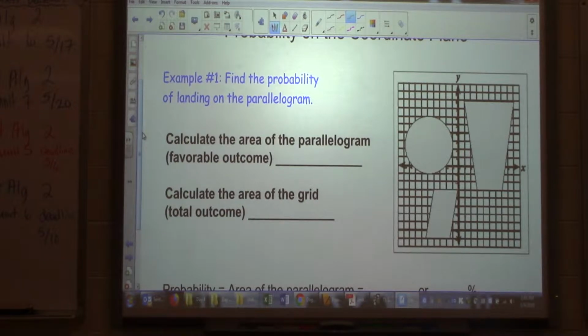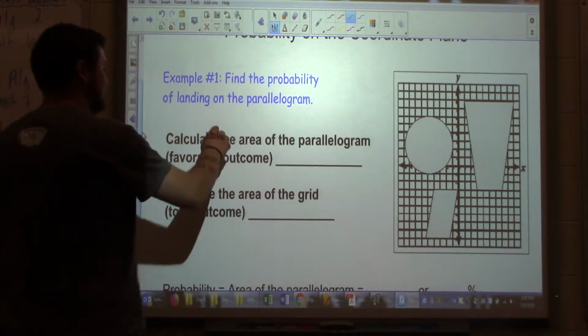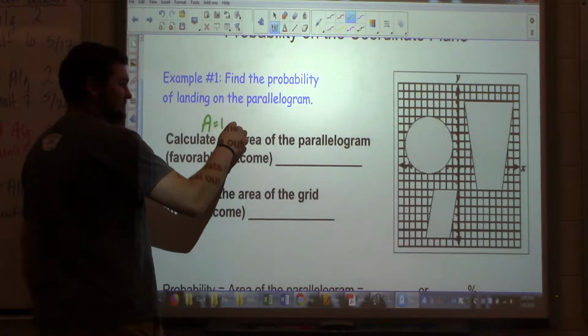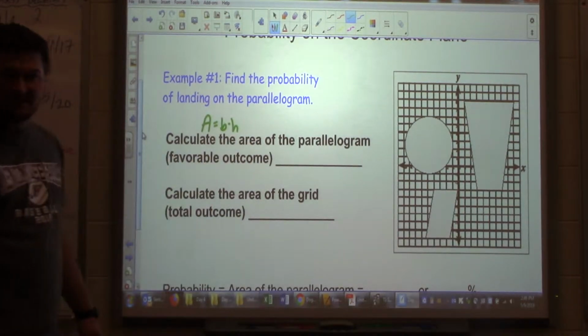Height times, well, a different word for length, because we don't really have a length here. Height times, starts with a B. Base. Base times height. Area equals base times height.